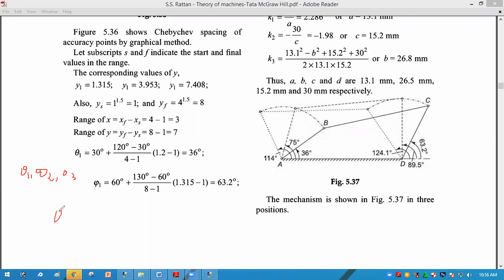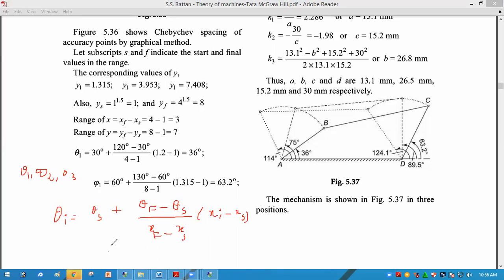That is theta i, where i could be 1, 2 or 3 up to n. So theta i equal to theta s plus (theta f minus theta s) divided by (xf minus xs) multiplied by (xi minus xs).